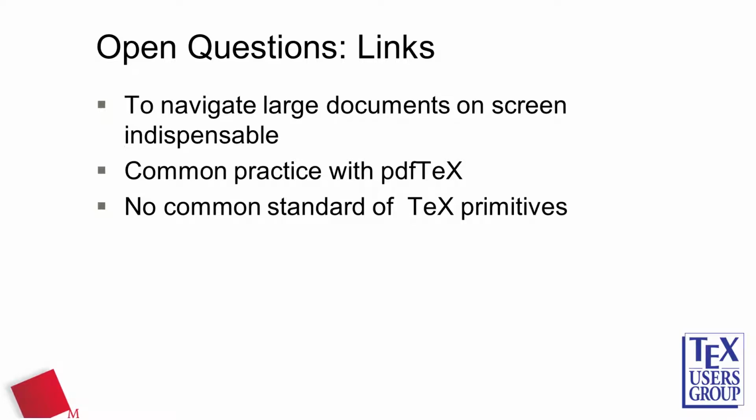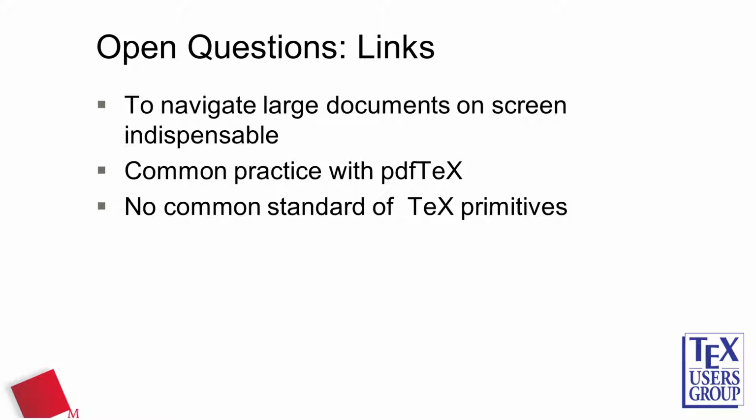Links are indispensable for navigating large documents on screen. When navigating a physical book, you use an index, a table of contents, or a table of illustrations, which give page numbers. With a physical book, you do not need to search sequentially for a given page number. With just a scroll bar, finding a page is less convenient.